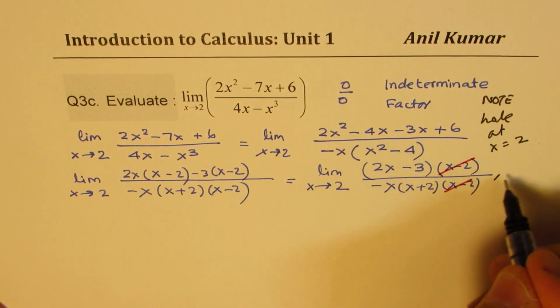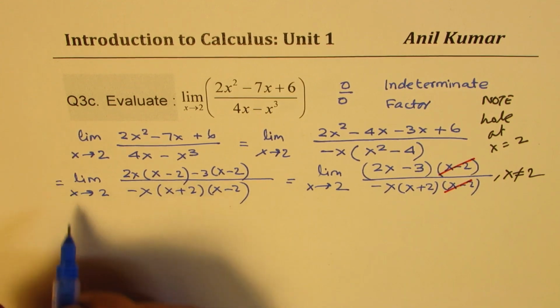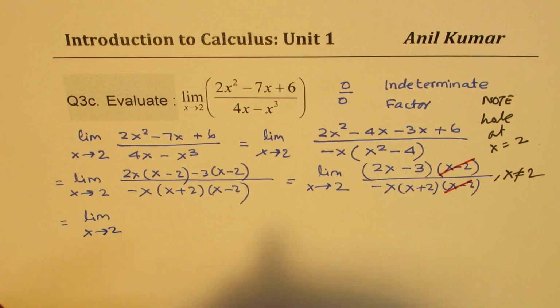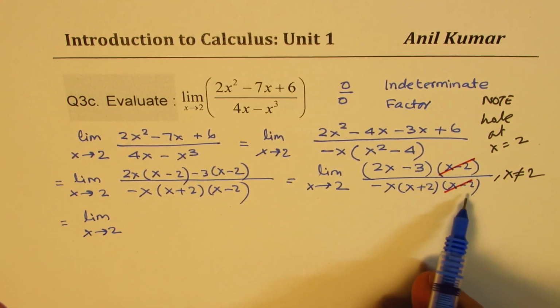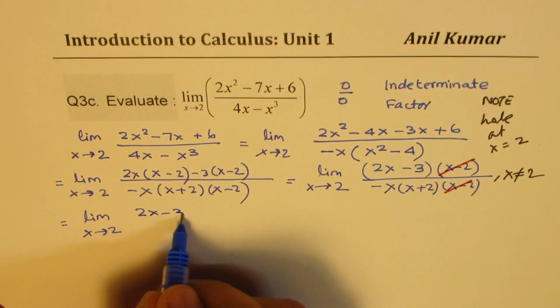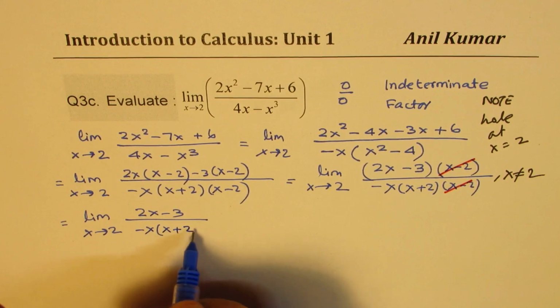So whenever you cancel, you have to write x is not equal to 2. Is it okay? So we have an equivalent expression here. So finding limit with an equivalent expression is the whole idea. So now we have an expression which does not have this factor, which was making it 0. So let's rewrite this. We have (2x − 3) over minus x times (x + 2).